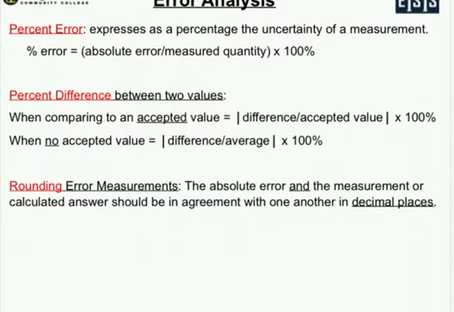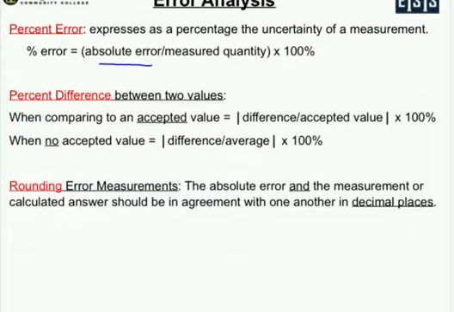Now, another term that you'll be using in lab is percent error. That's simply expressing as a percentage the uncertainty of your measurement. So for percent error you would take your absolute error, divide that by the measured quantity, and multiply it by 100.